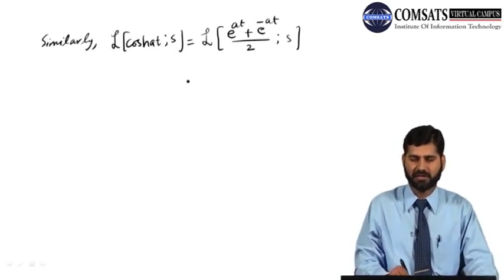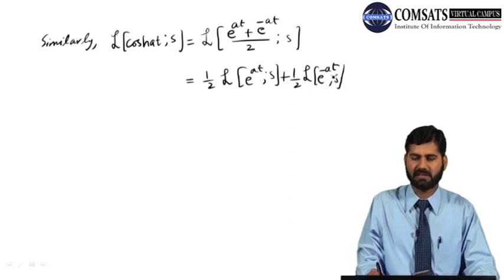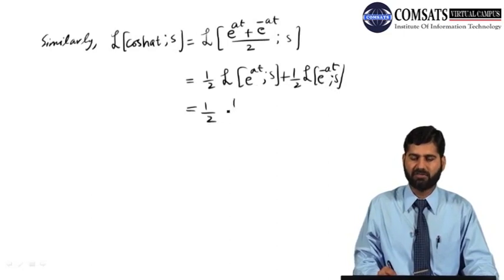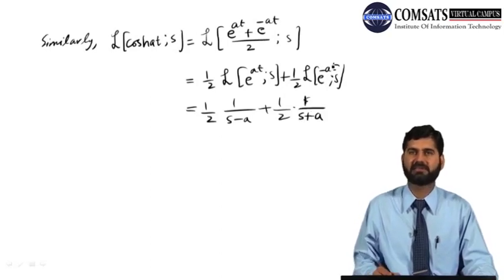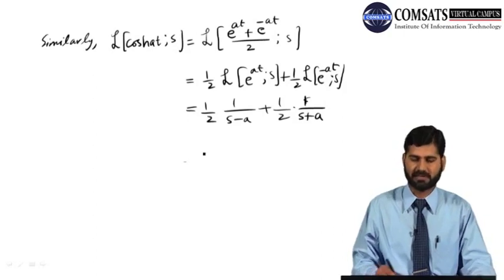So you can say that this is 1 by 2 Laplace transform of e to the at plus 1 by 2 Laplace transform of e to the minus at. This is linear, so you can distribute it like this. So we know Laplace transform of e to the at is 1 over s minus a, and if a is negative a, it will become 1 over s plus a.